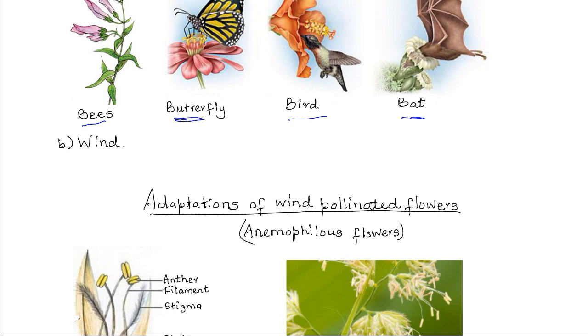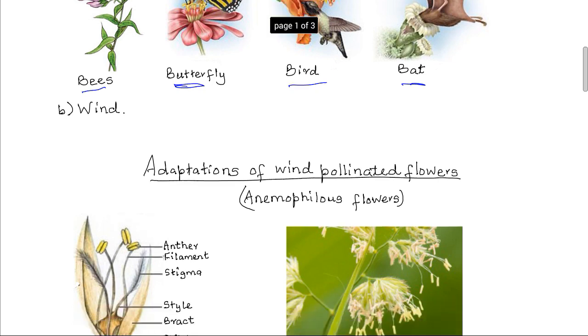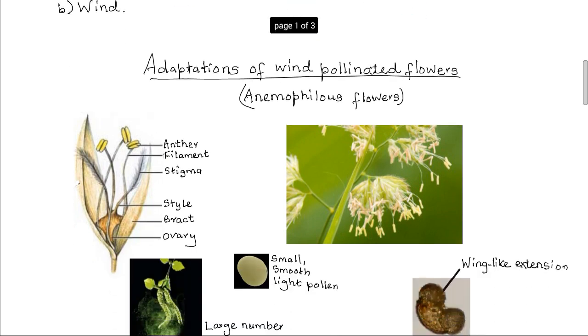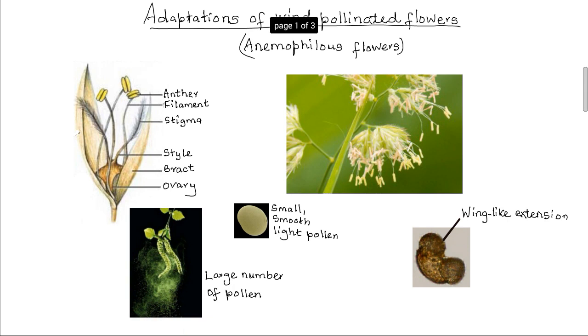So we'll start by looking at the general characteristics of anemophilous flowers in different plants. First, wind-pollinated flowers have no petals, and if present, they are very small, because the presence of petals may shelter the anthers and stigma from wind.